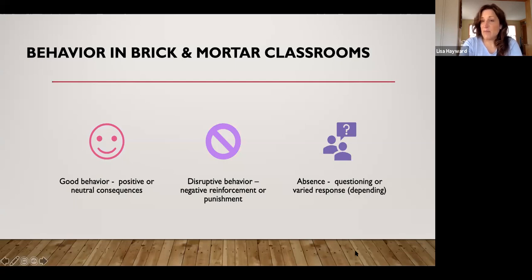I've included absence into this discussion about behavior. When a student is absent in a brick and mortar classroom, we know that the teacher is likely to question them. There might be a varied response depending on the cause of the absence, but students will probably not be able to get away with not showing up to class or just sitting in class and not saying anything.